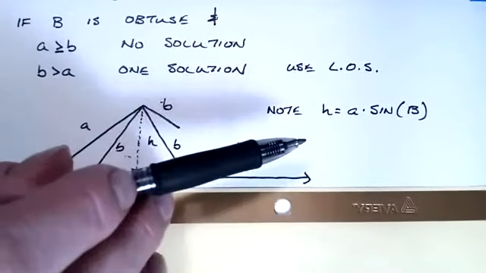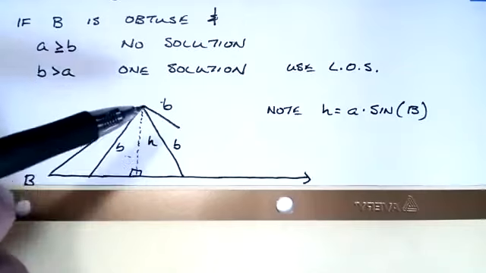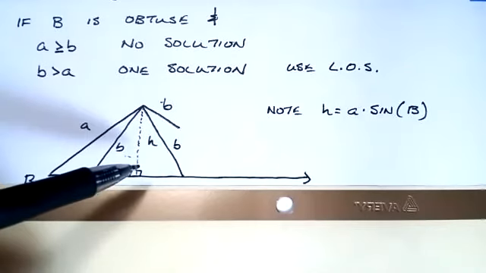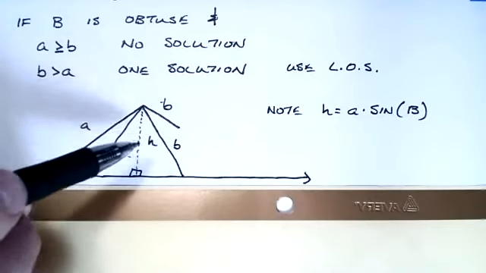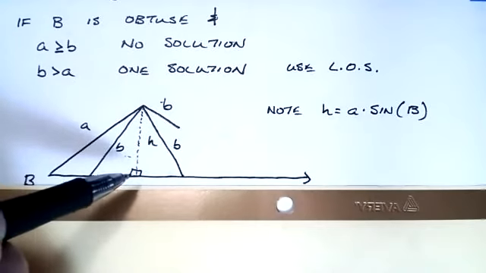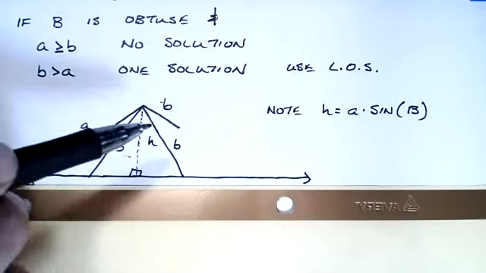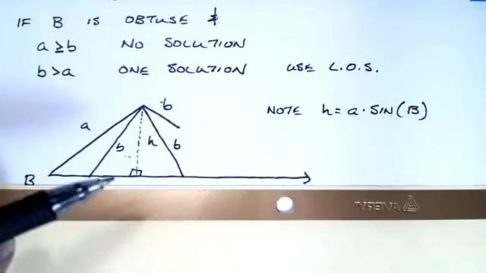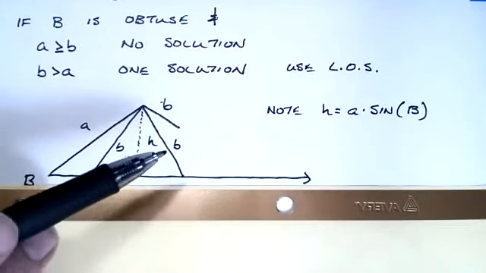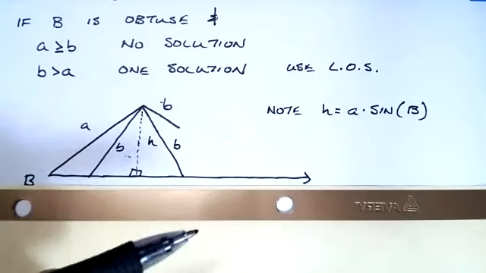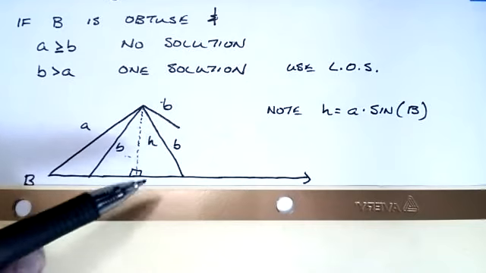If B is equal to the altitude, there is one and only one triangle that will do that, so you have a single solution, and it will actually be a right triangle, which makes it much easier to solve. That's a very unlikely scenario, but it is one of the possibilities.